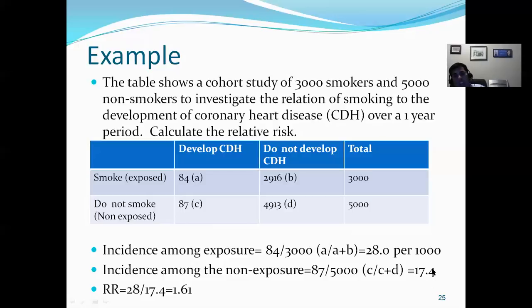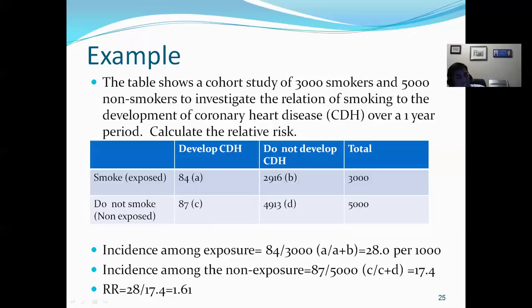And you get a ratio, because this is the ratio of the exposed, this is the ratio of the non-exposed, and relative risk is the ratio of exposed and non-exposed. So just simply divide 28 by 17.4. So the relative risk is 1.61.